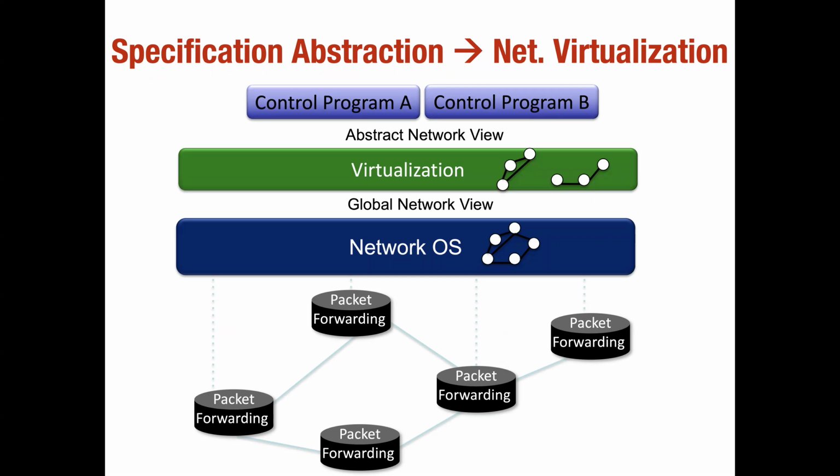Then these control programs operate on the abstract view. Control program A will work on, say, a 3-node graph, control program B will work on this other 3-node graph, and they will write down the abstract configurations. Then the virtualization layer is going to translate that into actual configurations, which will get pushed into these devices, right?